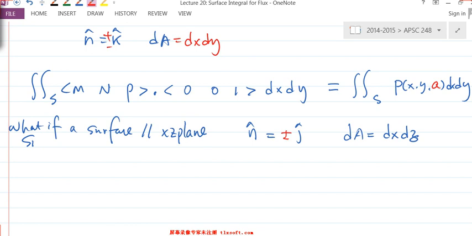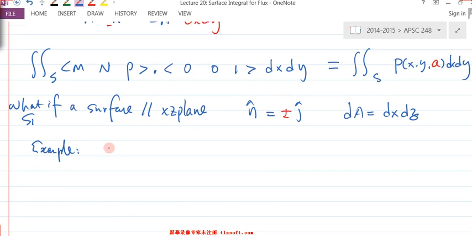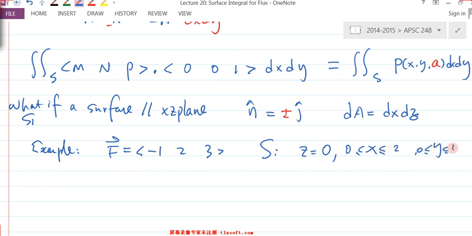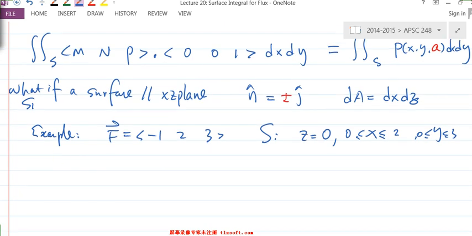So I'm going to quickly go over one example, then we'll jump to the next type of surface. F equal to (-1, 2, 3). The surface S is z equal to 0, bounded by this range, and the direction is k hat.